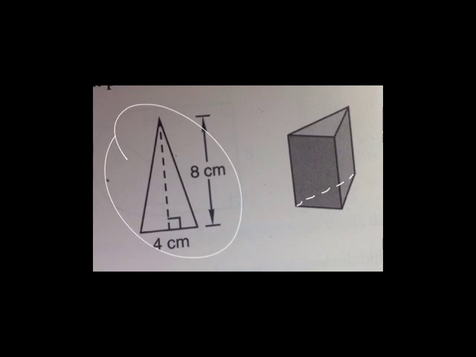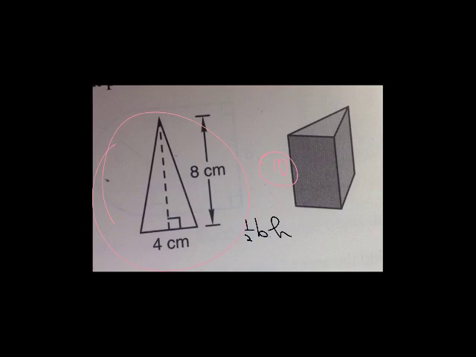So if we're looking for the volume of any object, we take the area of the base and multiply it by the height of the object. Let's say that this is 10. We're going to take the area of the base, and I'm going to have to use black because you can't see anything I'm doing. The area of the base is 1/2 base times height because it's a triangle.